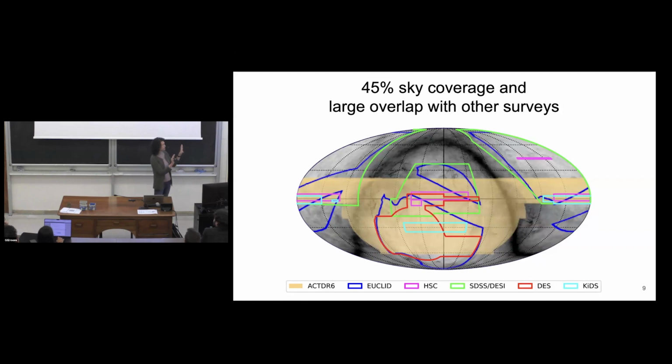The specific footprint was chosen to have both areas that are deep, with observations focused over the years to reduce the noise, and also large sky coverage, because some science goals really benefit from as much sky as possible. In this way we were also able to overlap with many other surveys of the sky to allow cross correlations as well as other combined studies.